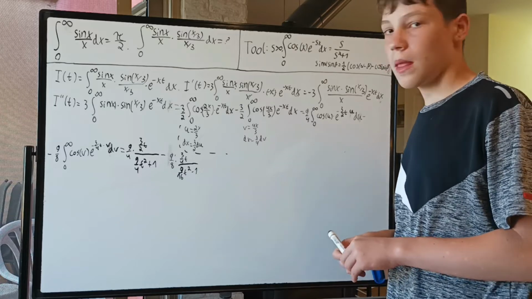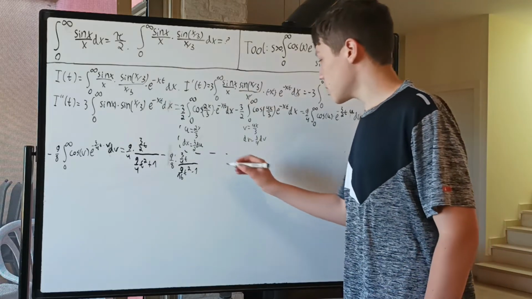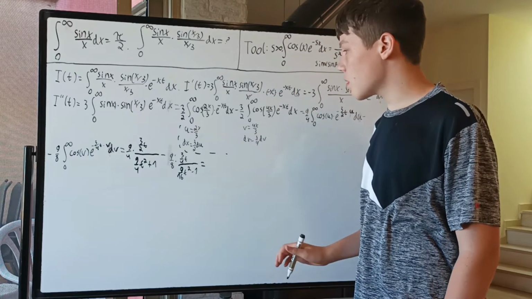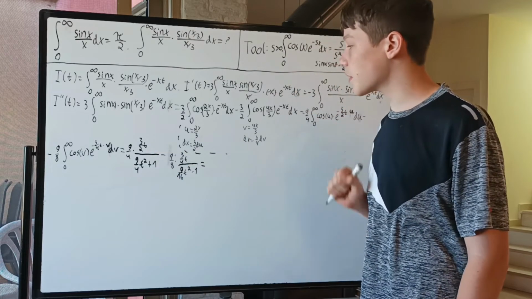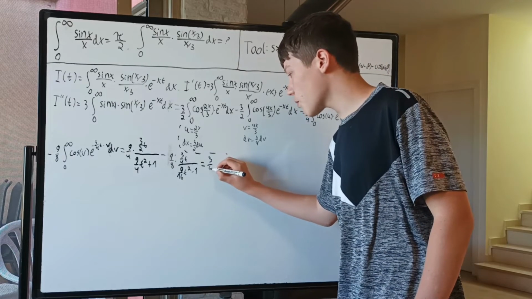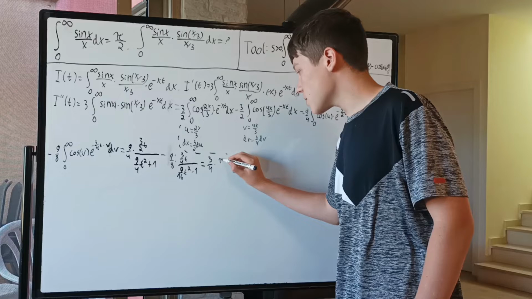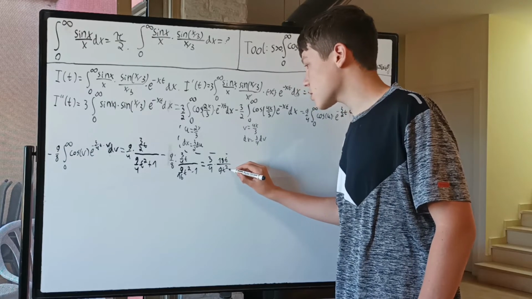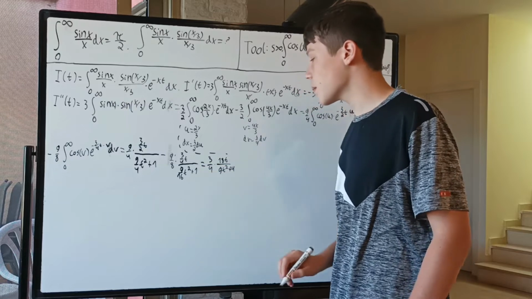Okay. Now, let's see. This is going to be, after simplification, I believe, 3 over 4 times 18t divided by 9t squared plus 4, should be plus.